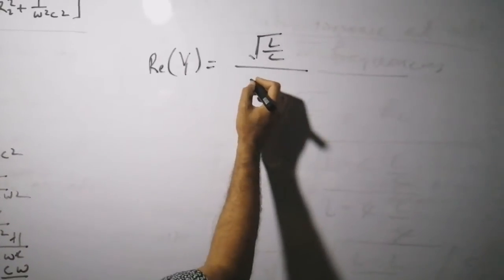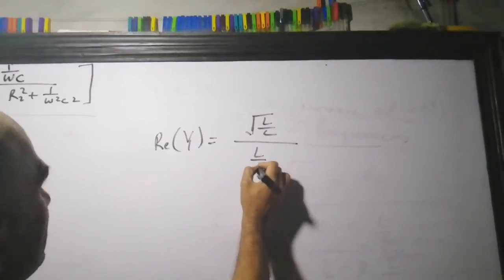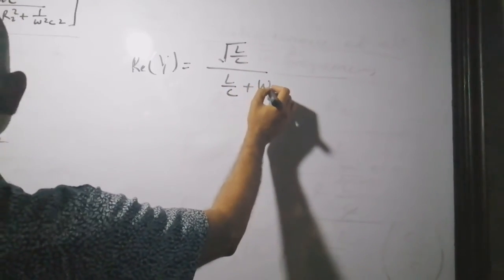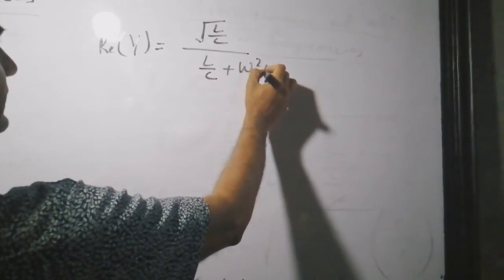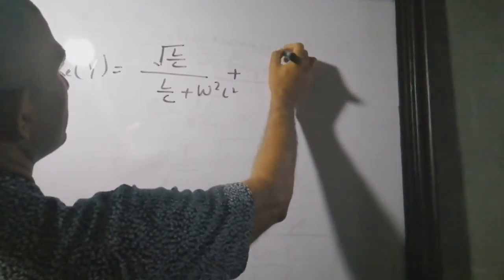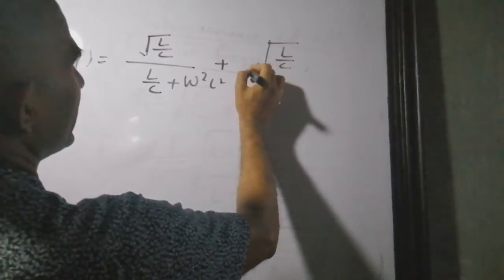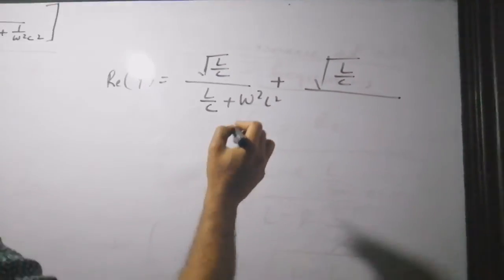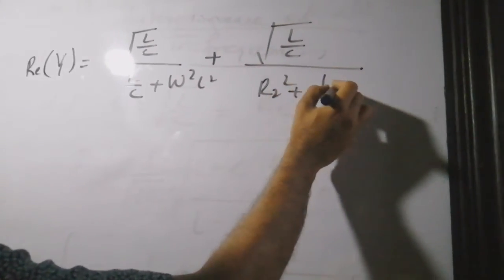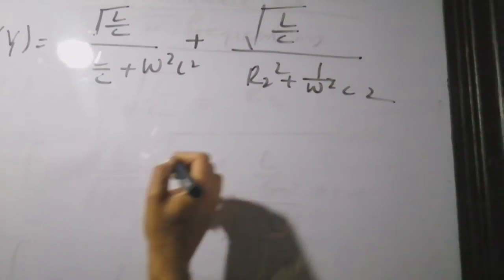R1 square means L upon C, omega square L square, plus R2, which is also the same, L upon C, I have supposed that, and that's R2 square plus 1 by omega square C square.